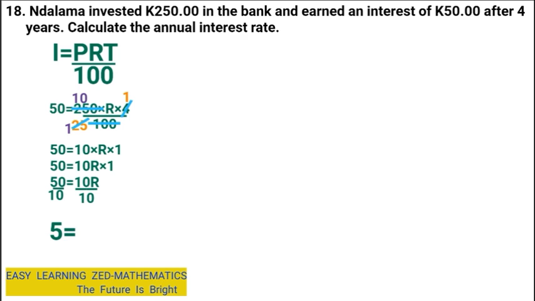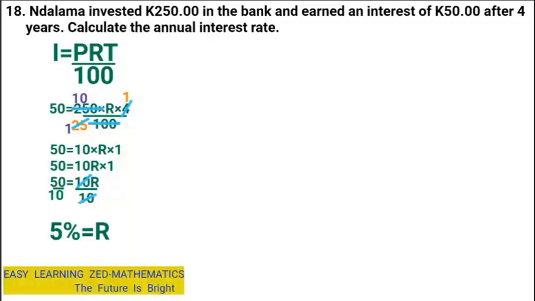So the 10 there will be cancelled, and the 10 down will be cancelled, leaving us with r. So the interest rate is 5%. That was the interest rate, which is 5%.